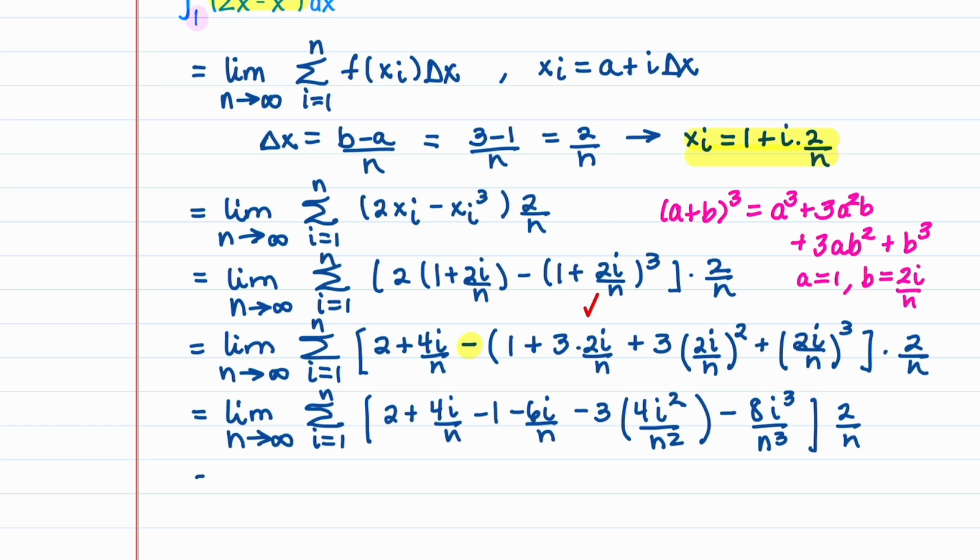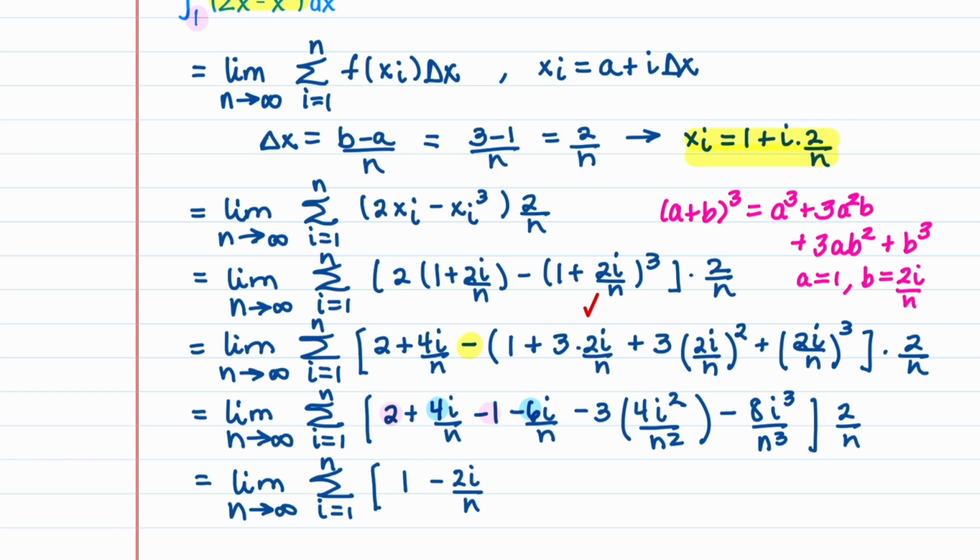What we're going to do now is combine like terms. So we have our sum. Let's first combine our constants. We have 2 and minus 1, so that gives us a 1. And then let's combine our i terms. We have 4 minus 6, so this is minus 2i over n.